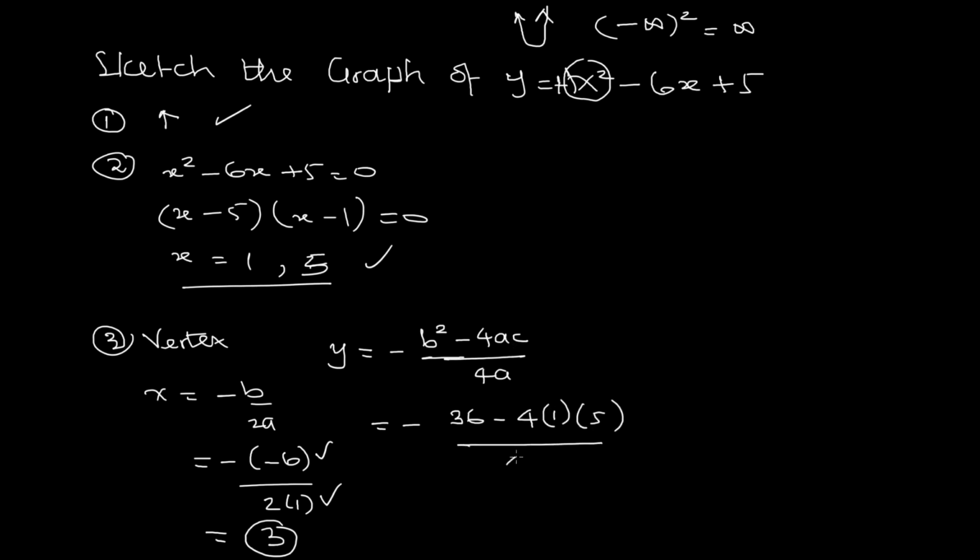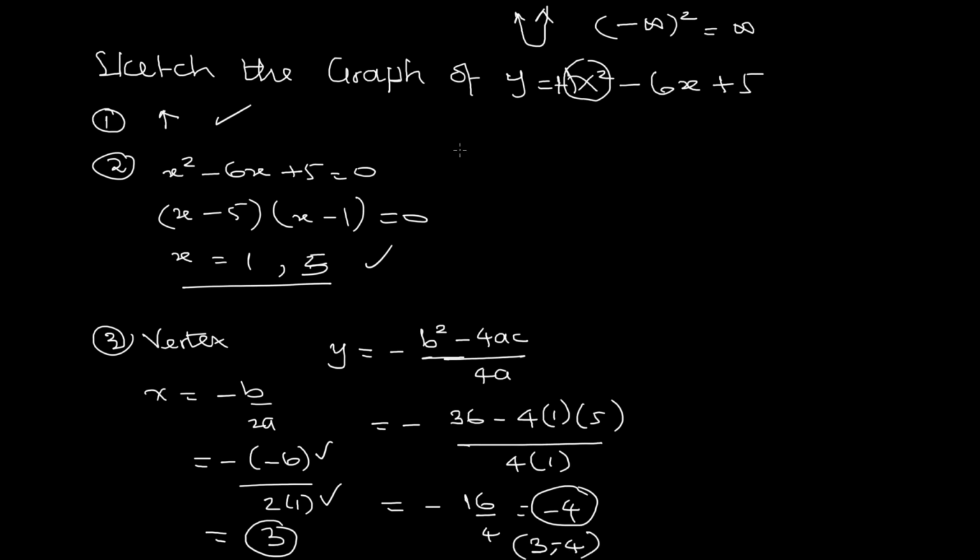Then we divide by 4 times a, which is 1. So now we have what? Minus. Here we have 36. Here we have 20, so that's 16. We say 16 over 4, and so we get minus 4. So this is the second part. We have the vertex. So our vertex is going to be (3, -4).